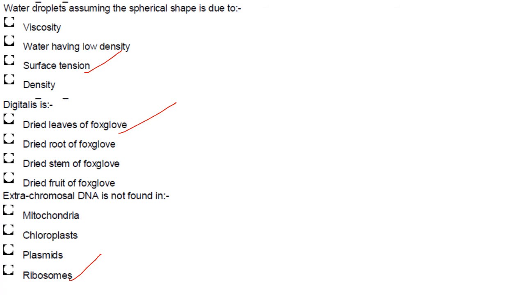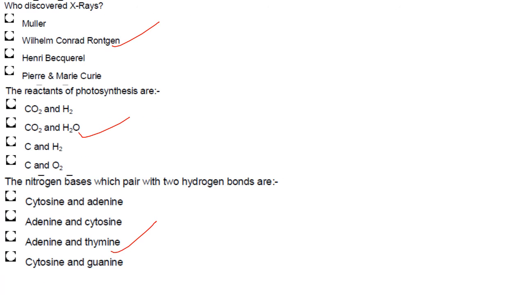Then extra chromosomal DNA is not found in ribosomes. So answer is option D. Then who discovered X-rays? X-rays were discovered by Wilhelm Conrad Rontgen.